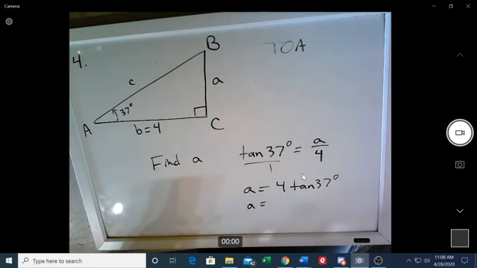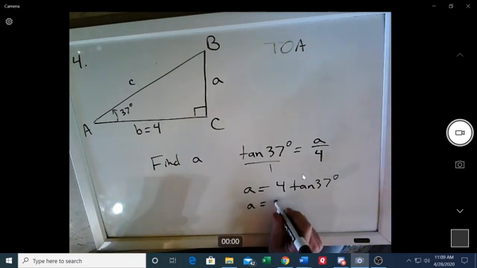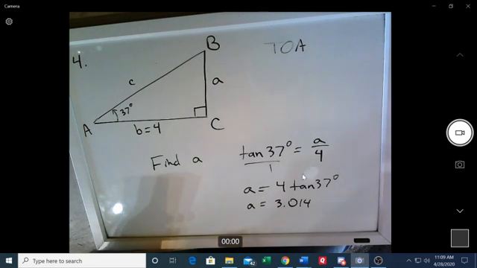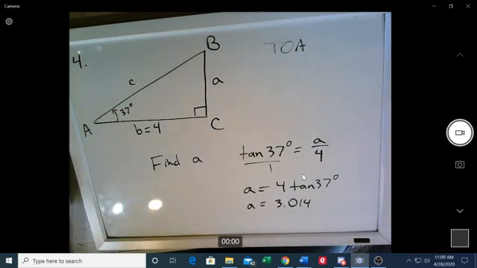Let me check my mode. I have to go back to degrees again. Tangent of 37 times 4. And I'm getting 3.014. And that would be it.